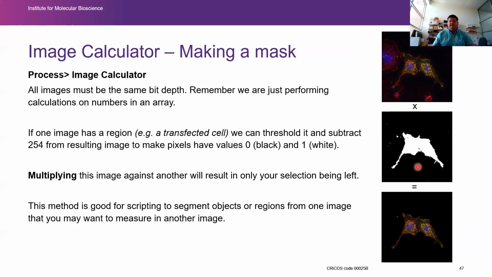Now, obviously, you can't use this for getting rid of that crappy cell in your field of view for publication. That's not on, it's not allowed, but you can use it to feed into other steps of the pipeline.